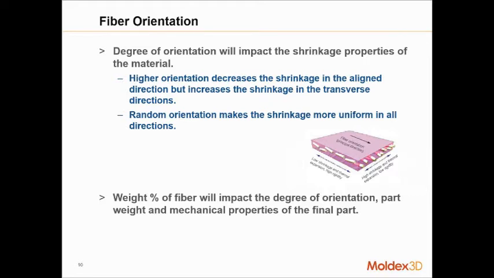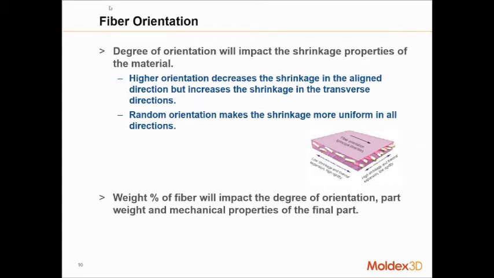What a lot of manufacturers try to do is get a major fiber orientation, but not necessarily a fully aligned fiber orientation, where maybe like 70% of the fibers will be aligned in one direction, and then the other 30% would be either in the opposite direction or maybe randomly oriented to make sure that the discrepancy between the fiber orientation direction and the opposite direction is as low as possible.